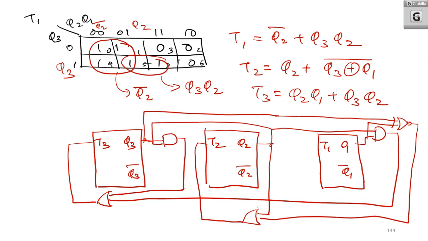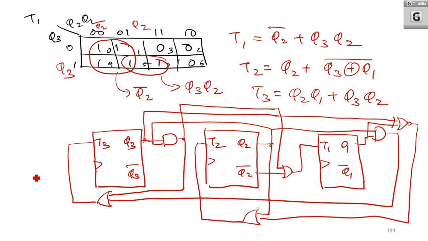Now what is T1? T1 is Q2 bar, which is here, or Q3 Q2. Already Q3 Q2 is coming in here. This is Q3 Q2, I can take from there. I am taking it in that OR here and giving it into T1. And the clock is common.